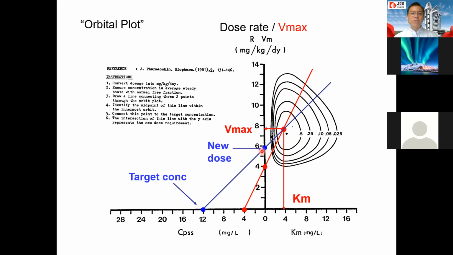So what we do is convert dosage into milligram per kg per day. So let's say the new dose.